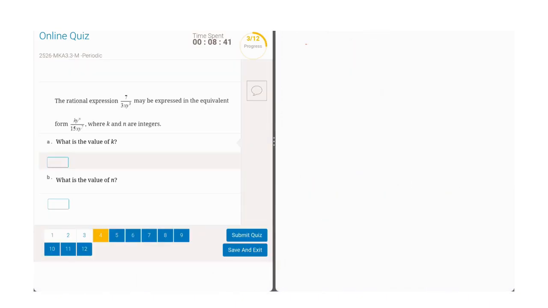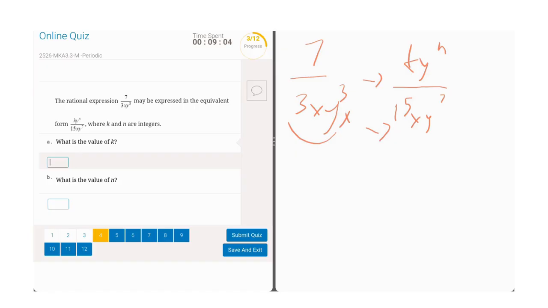Here it says the rational expression 7 over 3xy squared may be expressed in the form kxy to the power of n over 15xy to the power 7. To get this, we have to find how to make 3xy squared multiplied by something turn into 15xy to the power 7. So for 3 to turn into 15, we need to multiply it by 5.